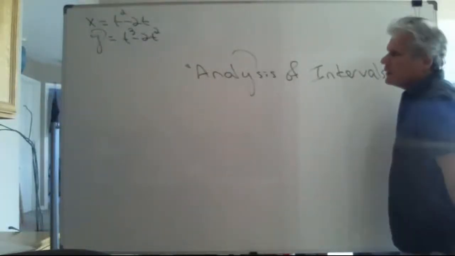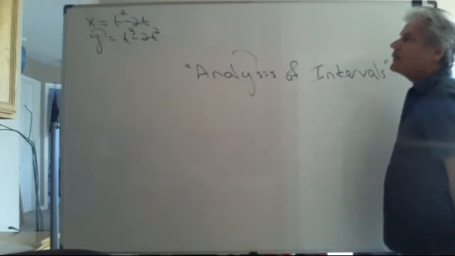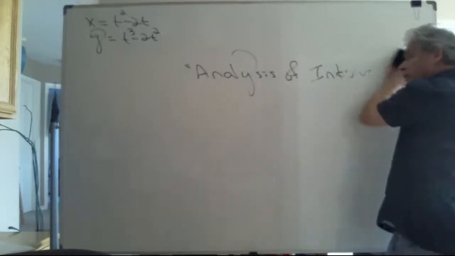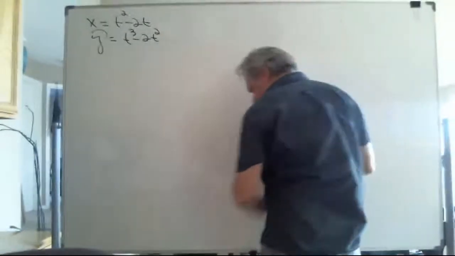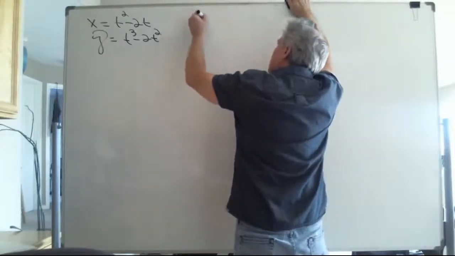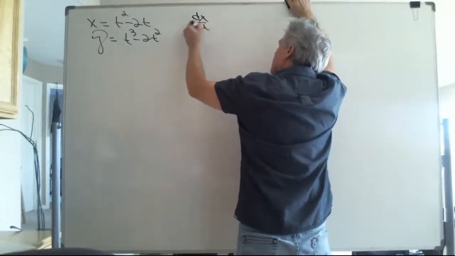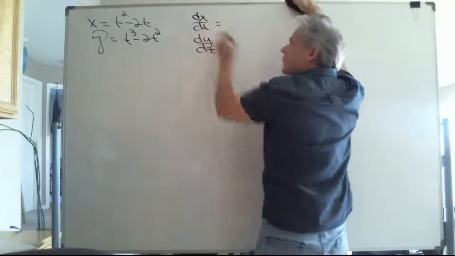I have another example of sketching a plane curve using my analysis of intervals technique, since I'm given a set of parametric equations describing the curve. Well, looks to me like dx/dt and dy/dt are going to be the following.